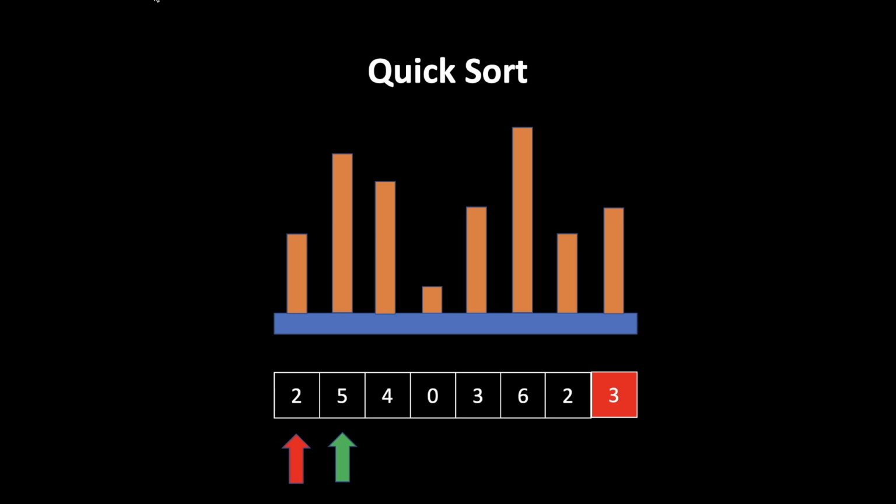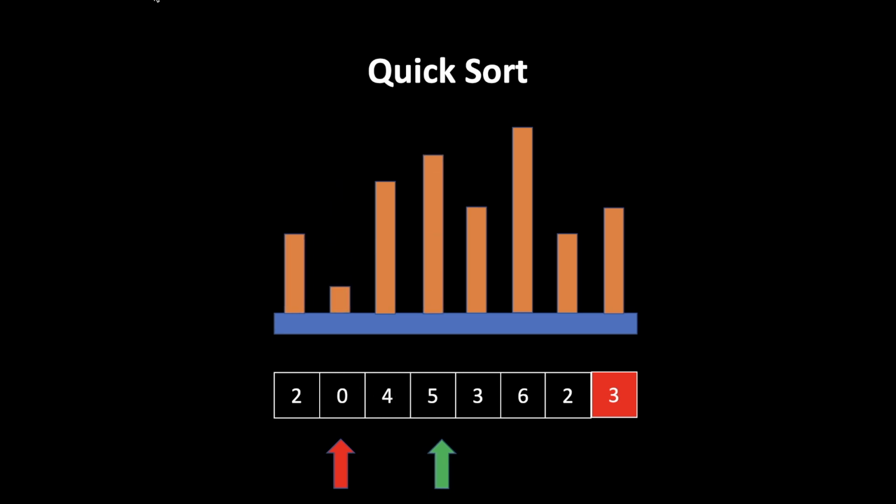Now again, we are going to traverse using the green arrow. Here 4 is not less than 3, so we will move on. 0 is less than 3, so we will swap. But how? We will move the red by 1 position and then we will swap.